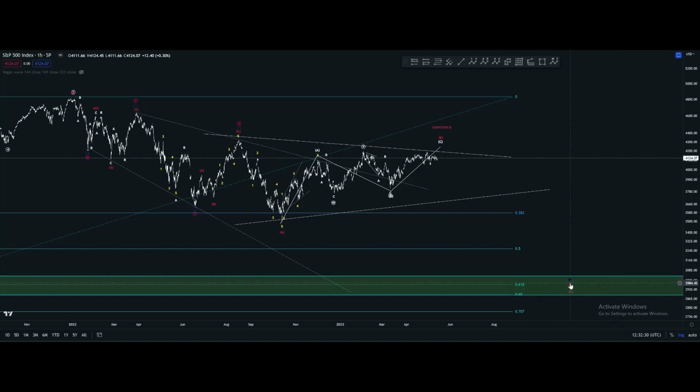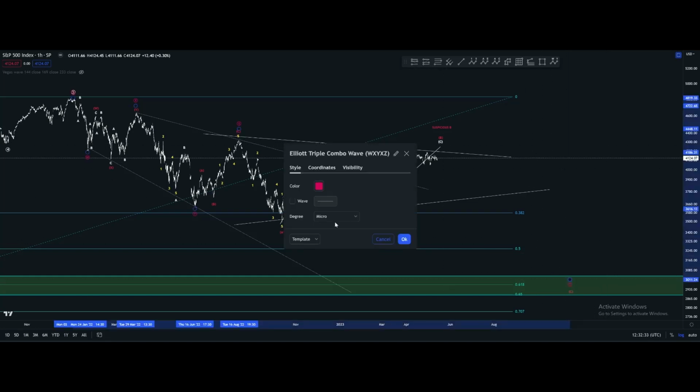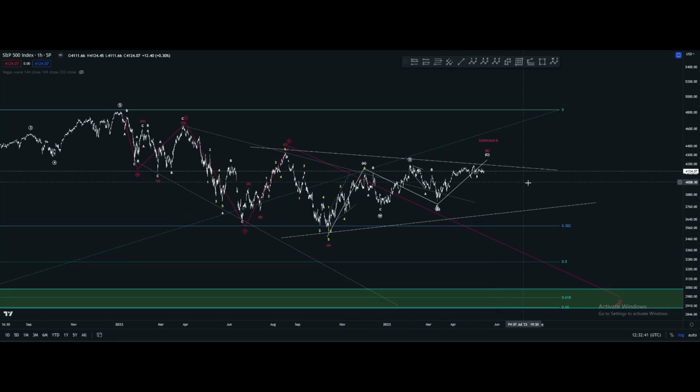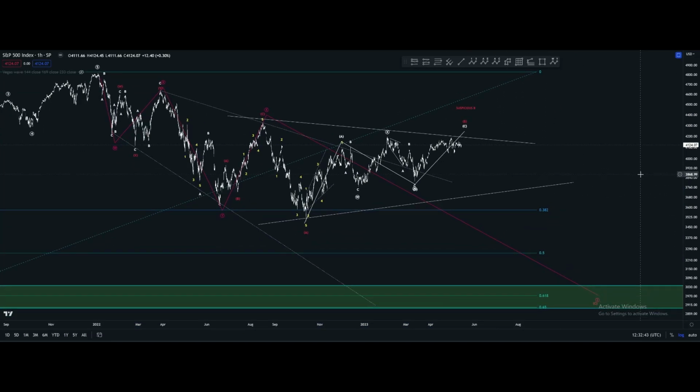I don't like it because already triple zigzags are rare. This one would be definitely not looking good symmetry wise. But if I had to apply an Elliott wave count, it would be this.